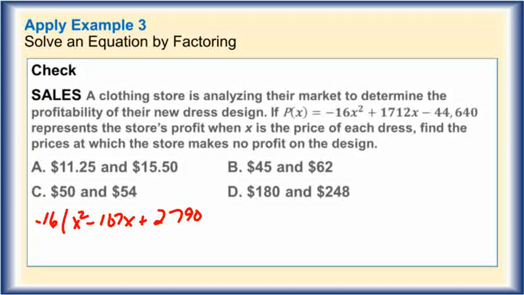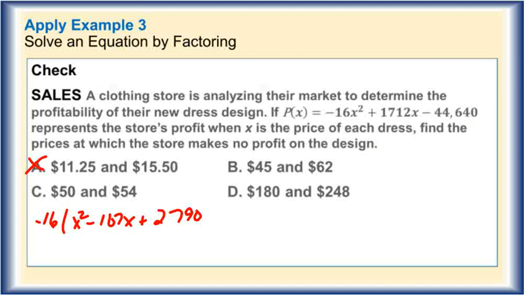If I choose 11, or letter A, 11.25 times 15.50 gives me 174.375. So I know it can't be that one. Let's try B. 45 times 62 gives us 2,782.